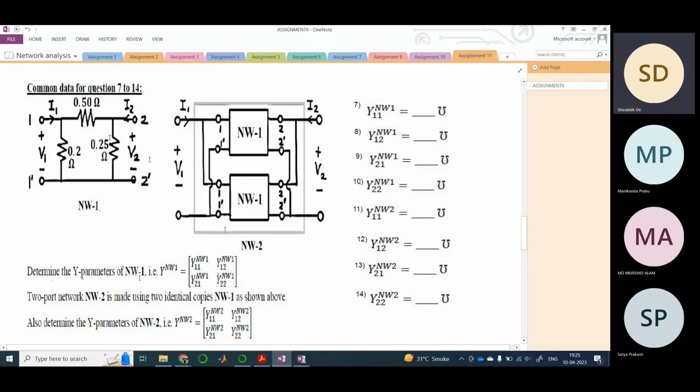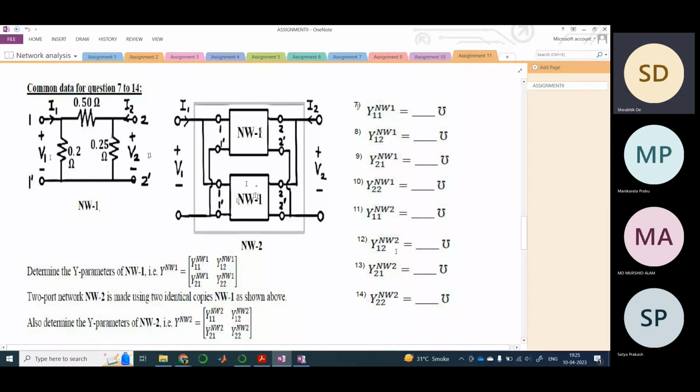But now you see here they have two networks, network one, which is connected in what way? Are they connected in series or parallel? Can anyone tell me?